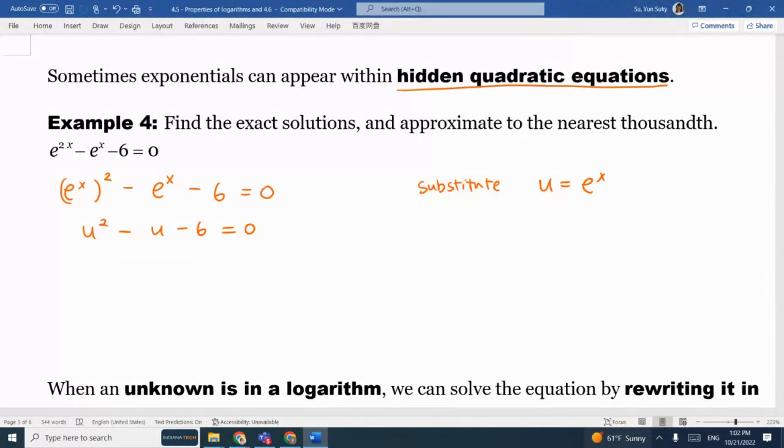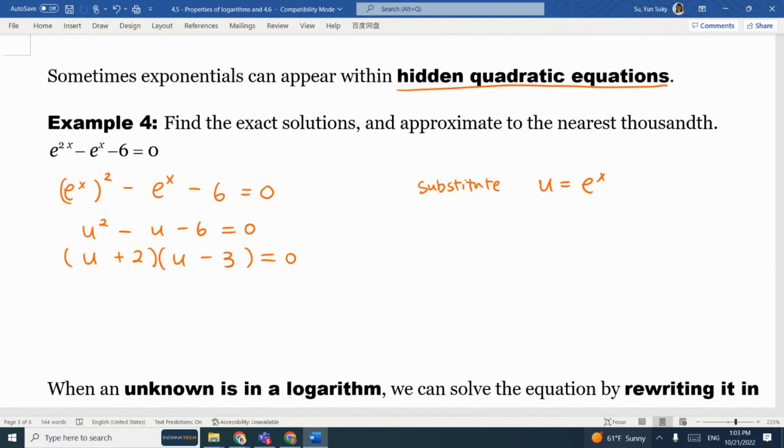Can we solve a quadratic equation? Yes. We can either factor it or use the quadratic formula, right? Let's factor it. So u and u. How can we factor it? Yeah, very good. Plus 2, minus 3.